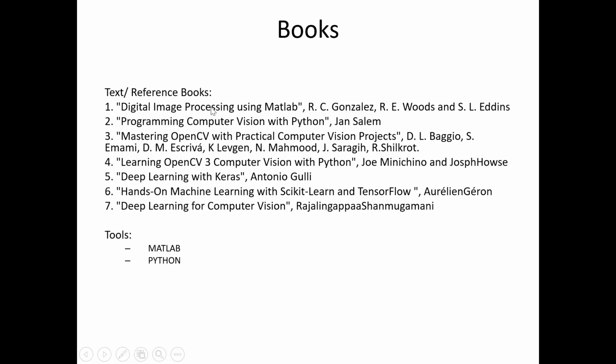After that, for computer vision, we have to follow other books. To understand image processing, we have to understand the theoretical concepts, and those theoretical concepts should be converted into practical things, so that you can better understand them when we implement them using a number of tools.